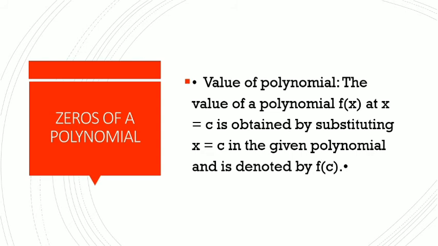The zero of a polynomial is where you get f of c equal to 0. If c is a particular value for which f of c is 0, then you get a zero of the polynomial. So if the value of the polynomial is 0, the particular constant for which it comes 0 will be termed as a zero of the polynomial.